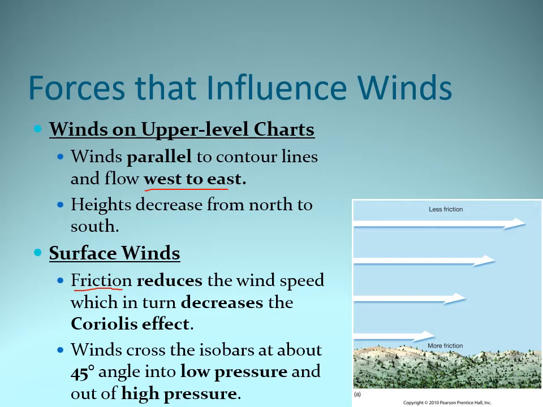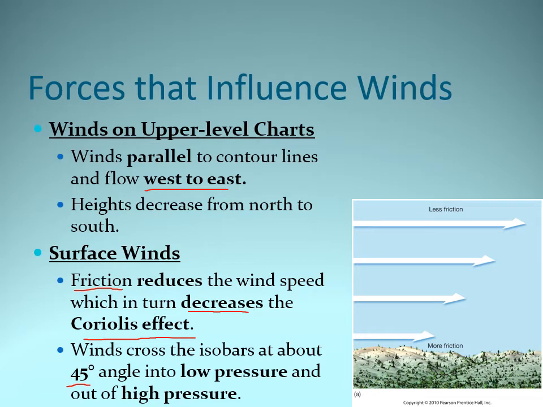Now, if we slow that wind down, that decreases the effect of Coriolis. So instead of the wind flowing parallel to isobars, the wind flows at an angle, about 45 degrees. 45 degrees is pretty much the maximum angle that the wind will flow compared to the isobars.